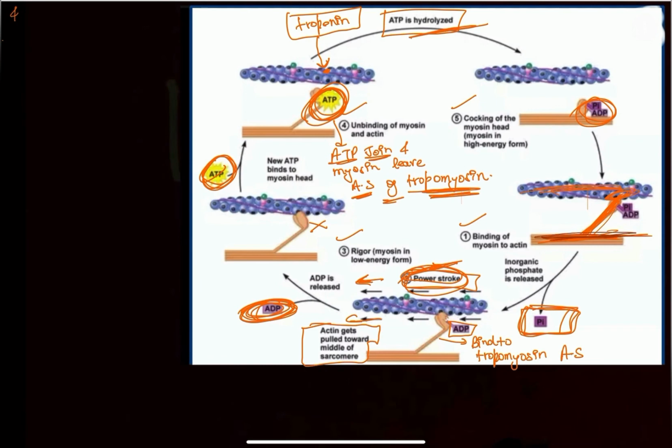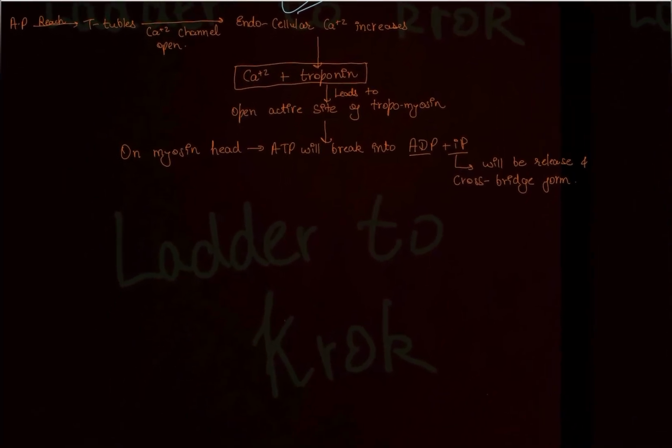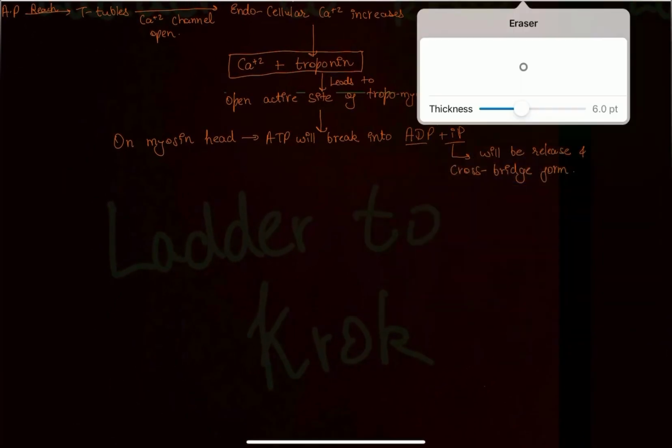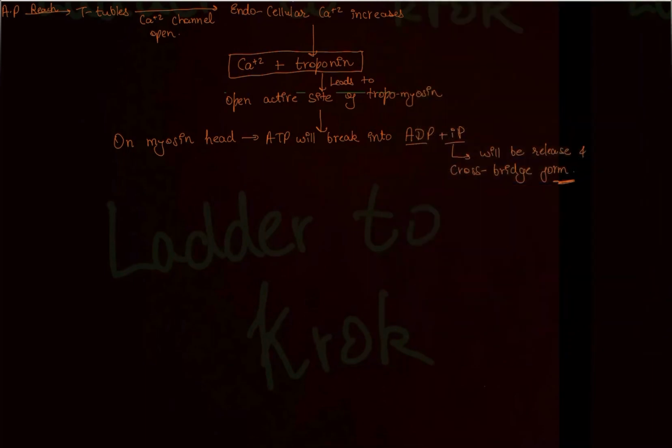Whenever they join by this myosin head, it is known as cross bridge formation between thin filament and thick filament by the myosin protein. The inorganic phosphate will be released, and the cross bridge forms.